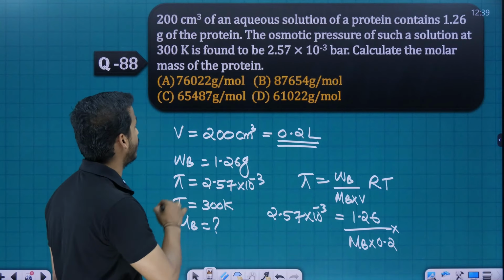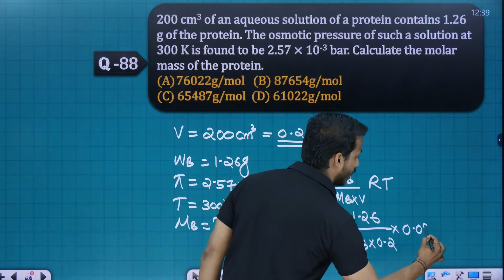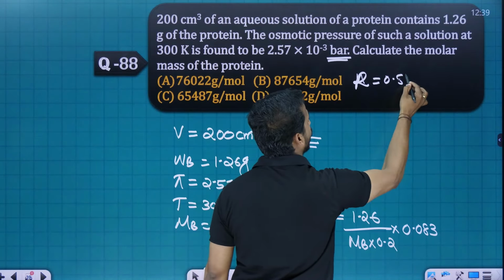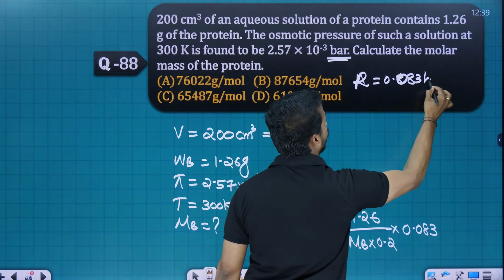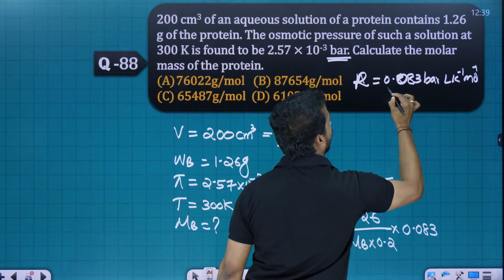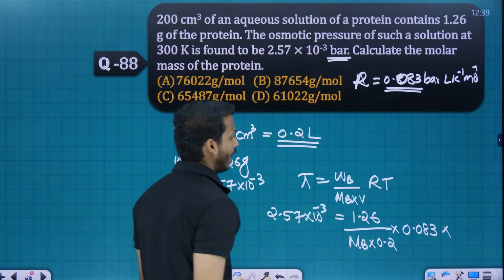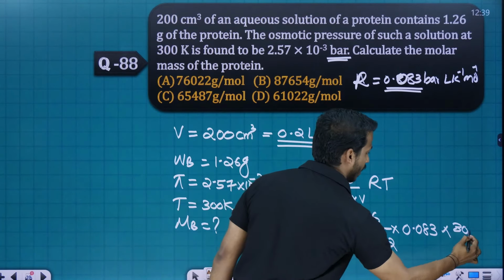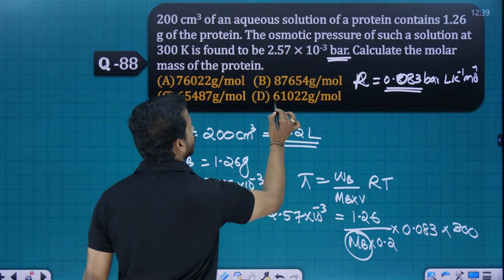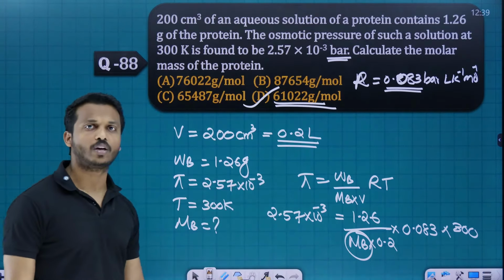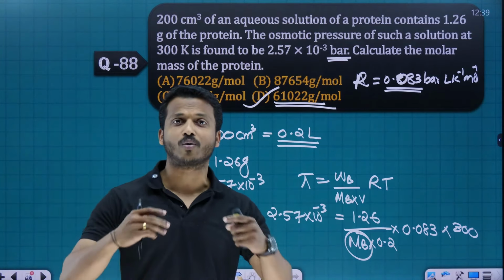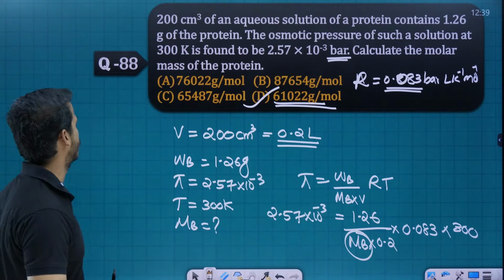It is in bar, so 0.083 bar liter Kelvin inverse mole inverse is the value of universal gas constant R. Temperature is given 300. To calculate the value of MB, you will get around 61022 gram per mole. It should be a big molecule, because we studied that the osmotic pressure method is used to calculate the molecular mass of bigger molecules.